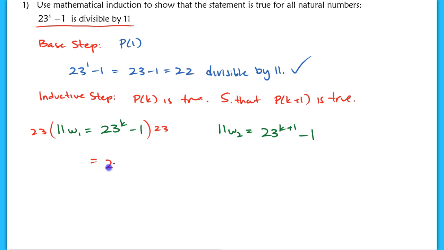So now I have 23 multiplied by 23 to the k minus 23 is equal to 23 times 11 times W1, so that's 253 times W1. Okay, now on the left-hand side, this is just 23 to the k plus 1 minus 23. So I have 253 W1 here.